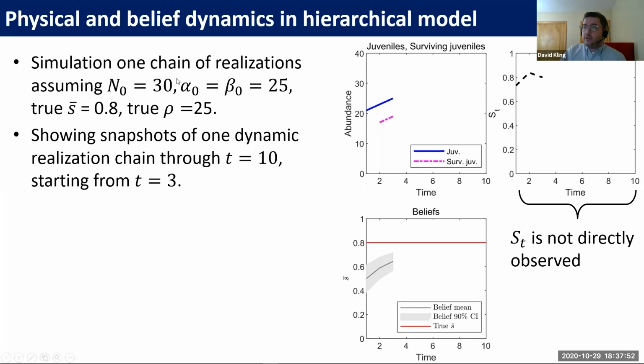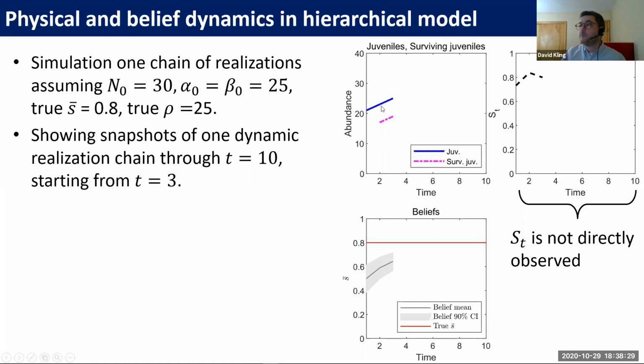I'm going to show a run here from an initial prior where you believe this S bar, which has a different interpretation in this context, is 0.5 initially, but it's actually higher. The true survivorship-generating beta mean is 0.8, and we have a true concentration. An important point here is that you of course don't directly observe these stochastic survivorship probability draws.